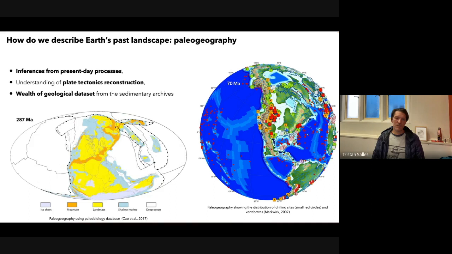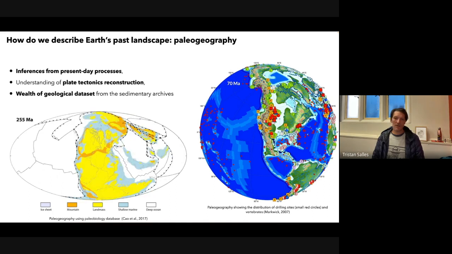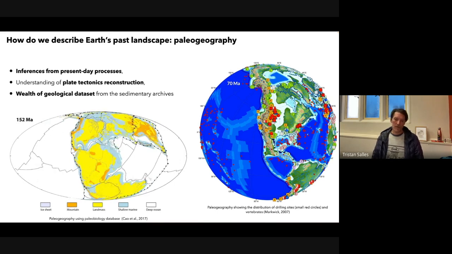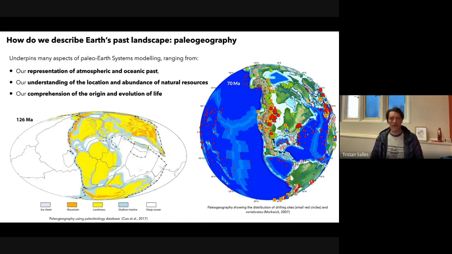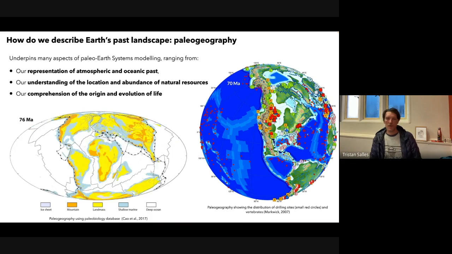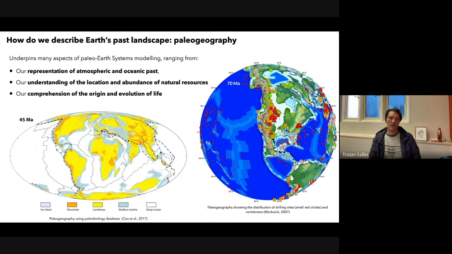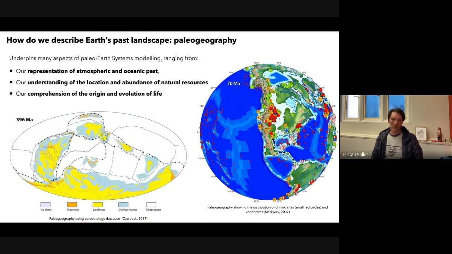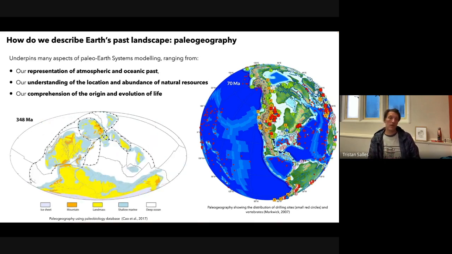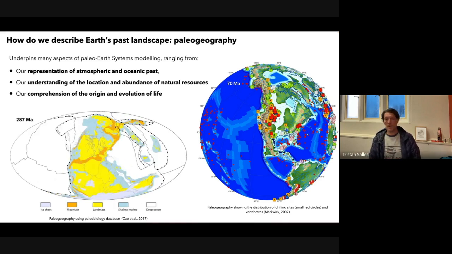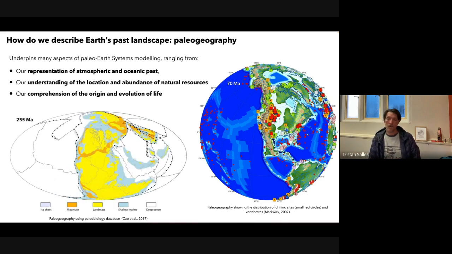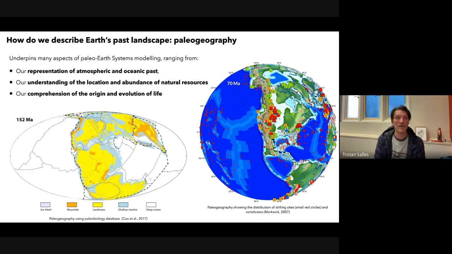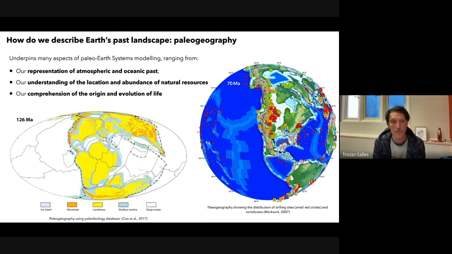This seems pretty simple in terms of representation of the Earth, but this kind of paleogeography has been used and underpins many aspects of how we have been describing the evolution of our planet over millions of years. For example, they have been used in pretty much all paleoclimate models as initial inputs for running these atmospheric and oceanic models.